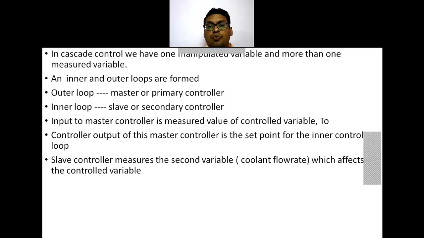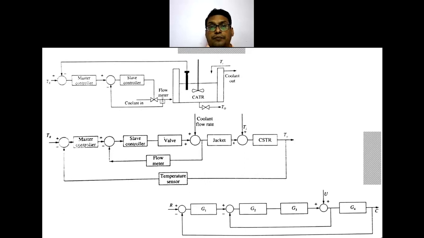The controller output of this master controller is the set point for the inner control loop. So one set point is provided for the master controller, this master controller generates a new set point for the slave controller. The slave controller measures the second variable and takes action on that secondary variable.